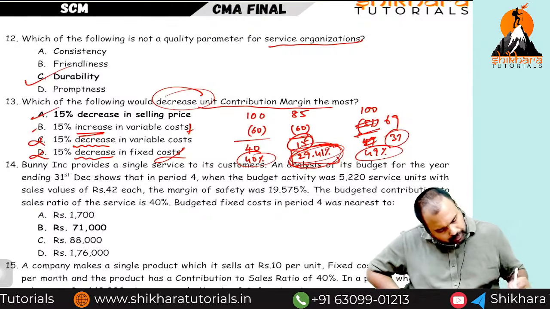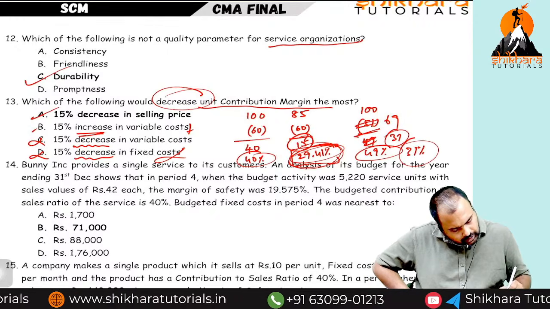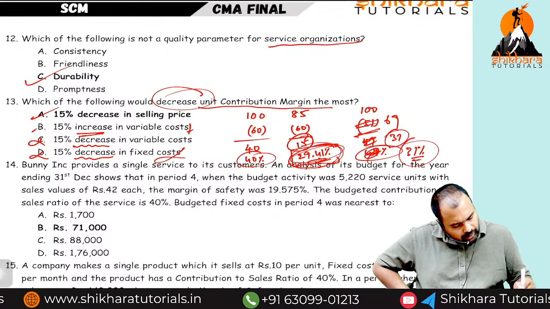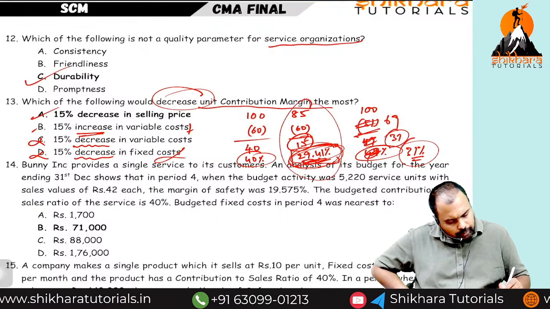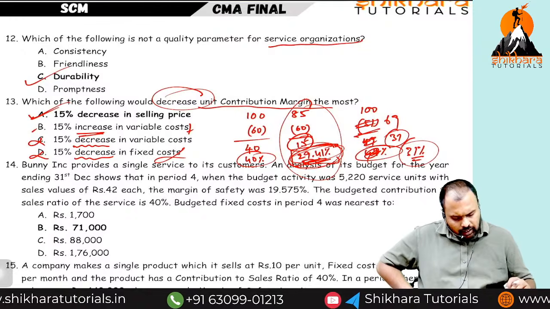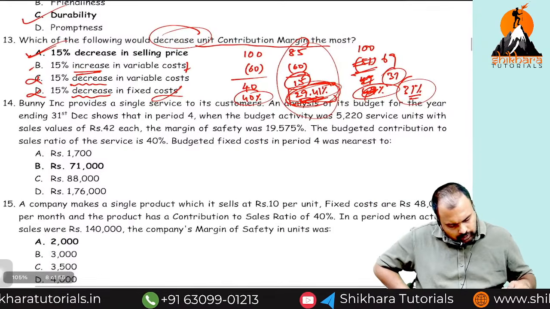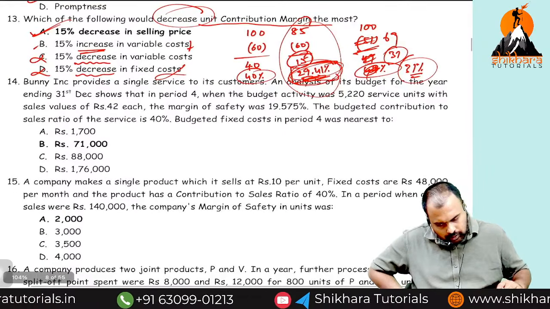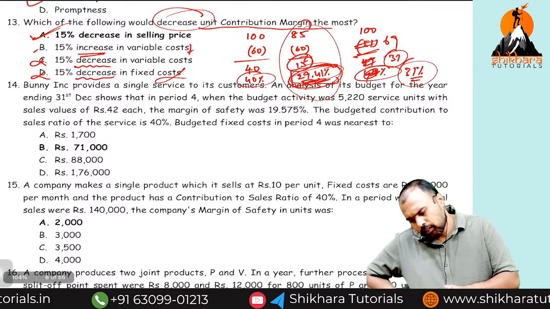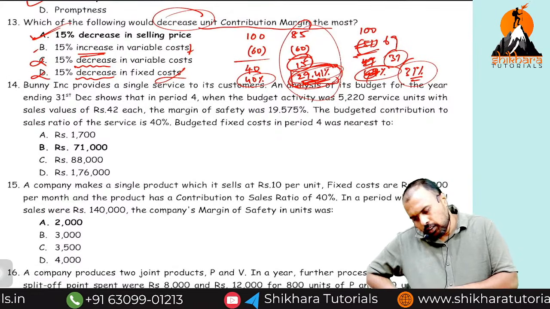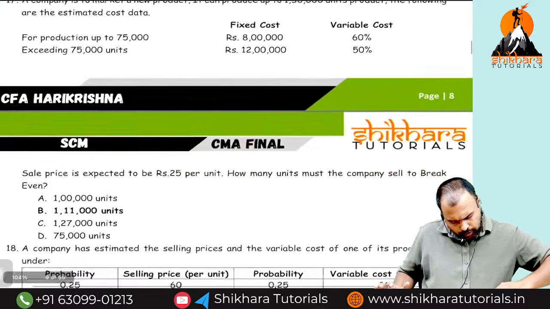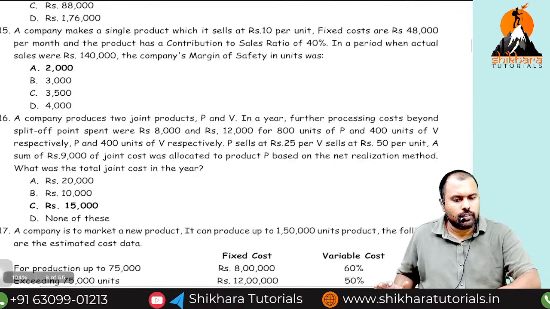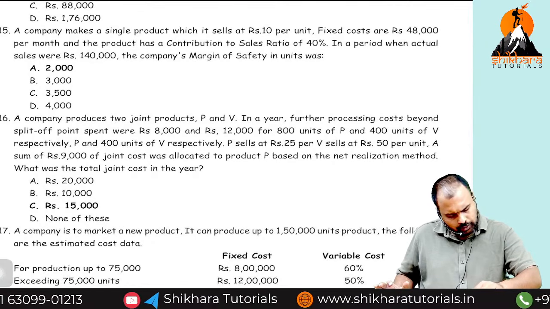So 31%. Here it is 31%, and here it is 29.41%. So this is decreasing by the most. So A has to be your answer. Then next. Okay, sir. Remaining things we can see tomorrow. We can stop up to this today. Thank you.